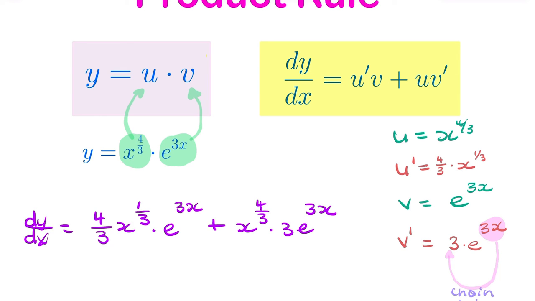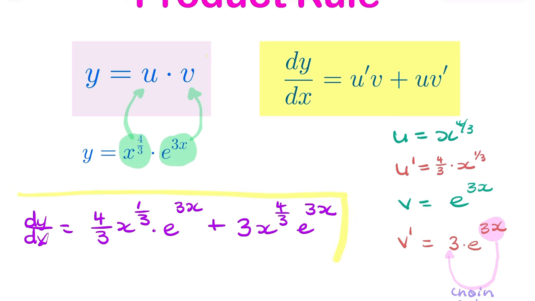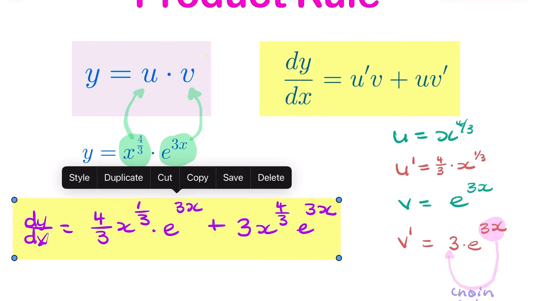So I think I will rewrite that like that, because we expect the coefficient to come before the variable. It doesn't matter, it's correct either way. So that's your final expression for dy by dx.